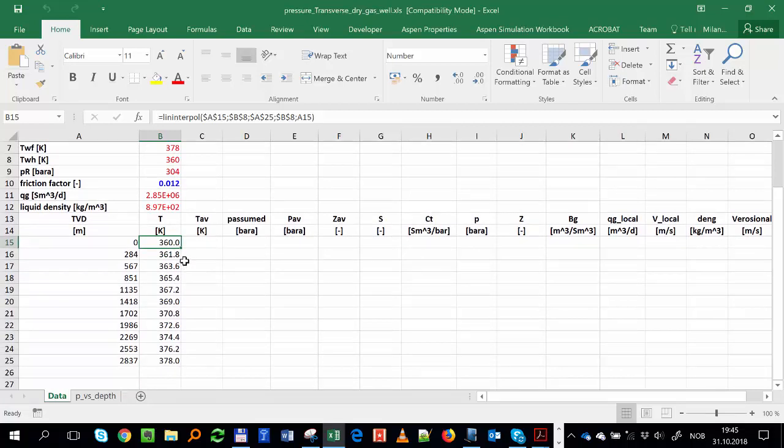So if you remember, to calculate CT, we need a bunch of things, right? We need the friction factor, and we need the average temperature, the average deviation factor, and the average pressure on that segment.